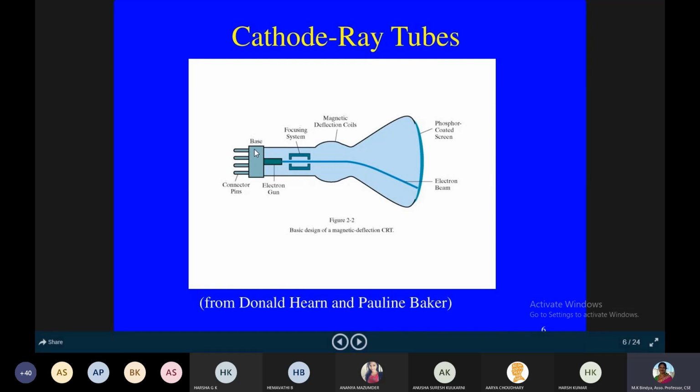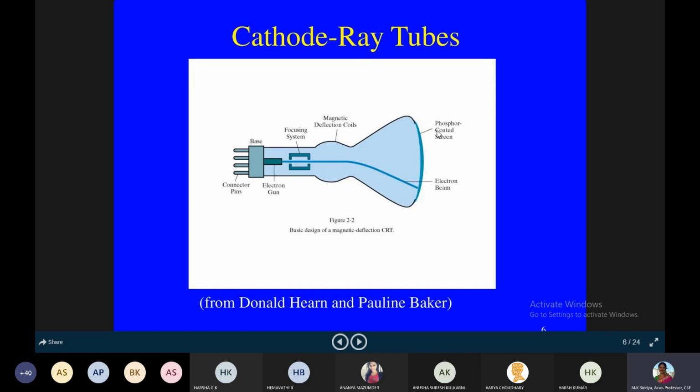To this base, the connecting pins are connected, which we call the connector pins. And you can see the bulb-shaped tube here. This is usually called the screen.